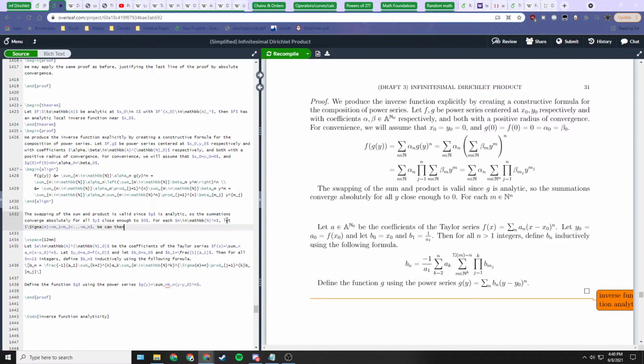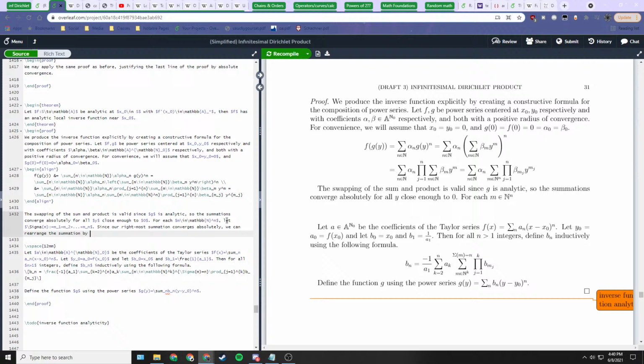We can then say, since our rightmost summation converges absolutely, we can rearrange the summation by partitioning it in terms of sigma m.